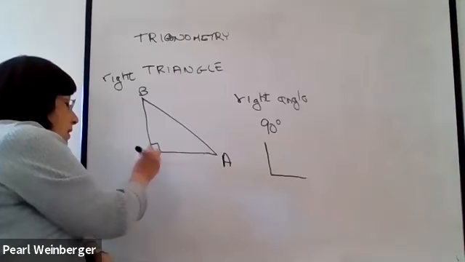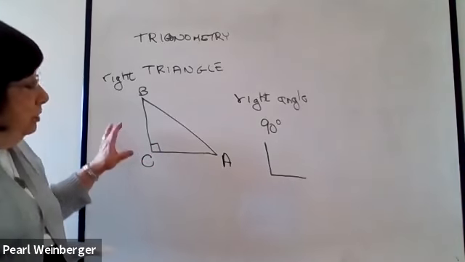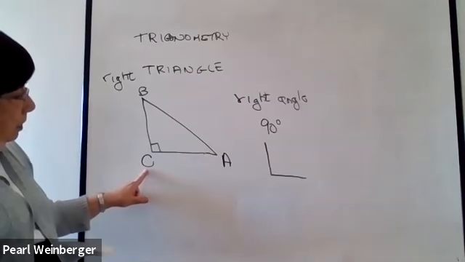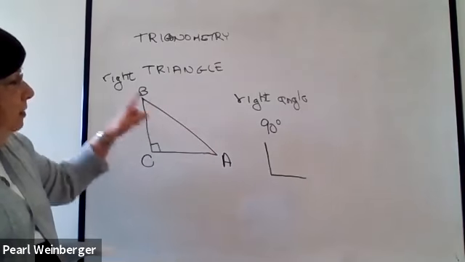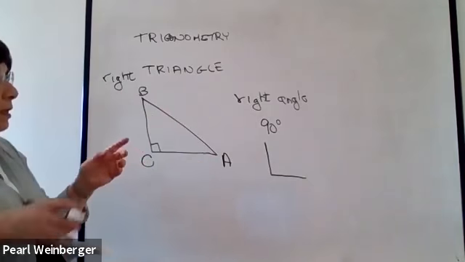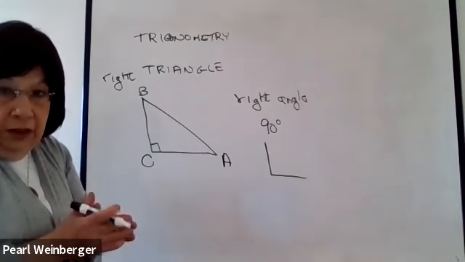And the C is at the right angle. That's usually the way it's done. It doesn't have to be done that way, but usually we mark the capital C as a right angle. The A and the B are what we call the acute angles. Now, acute angles are angles that are less than 90.